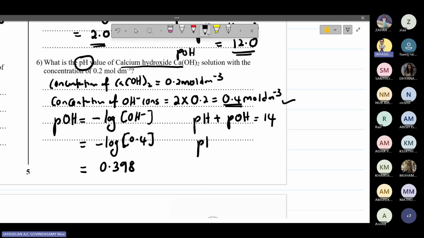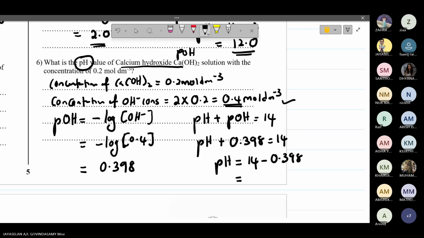Okay, so here you put pH plus pOH is 14, 0.398 plus pH equals 14. pH is how much? 14 minus 0.398. Calculator, find the answer. Anyone? Sir, 13.602. Okay, 13.602. Okay, 13.60 lah. We make it 2 decimal points.